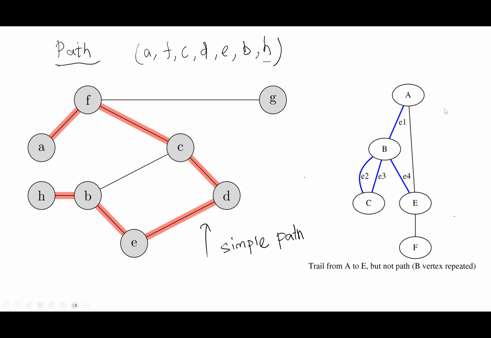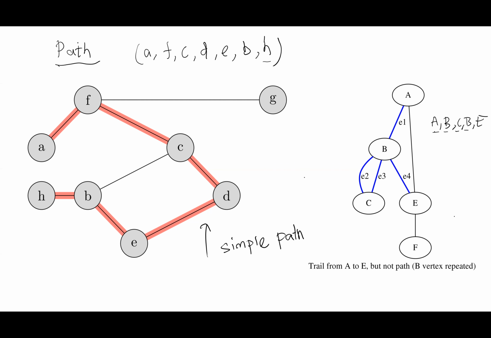This is a simple path, and the other one, this is another graph you see here, A, B, C, B, E. This is also a path, because all the adjacent vertices are connected by edges.